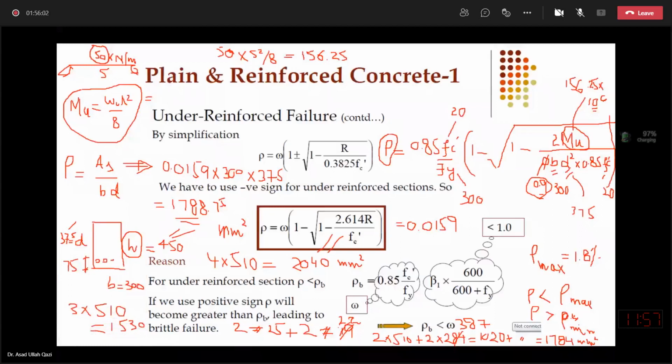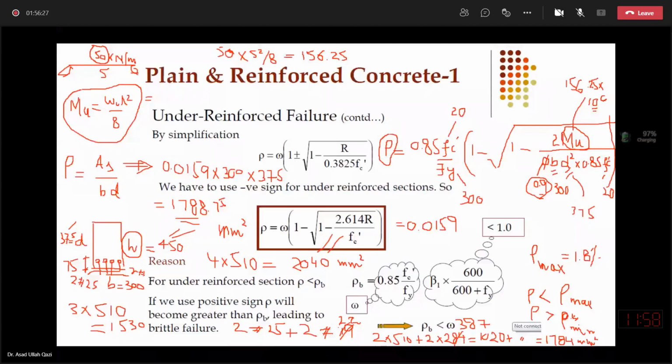So the final design will be 4 bars, 2 of size 25 and 2 of size 22.